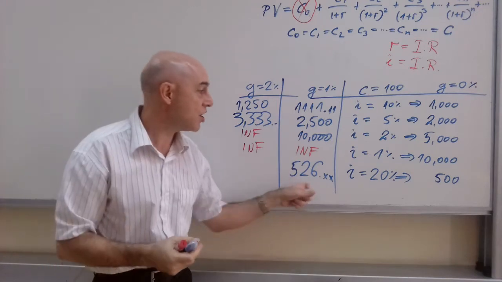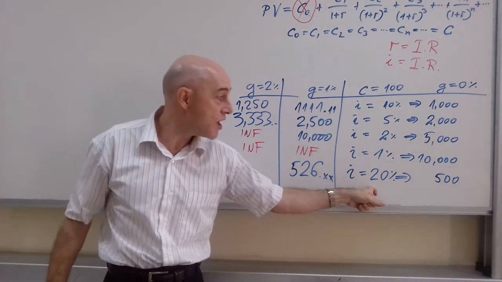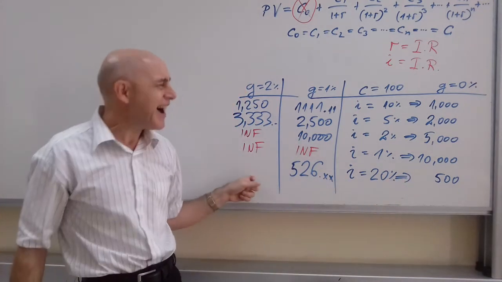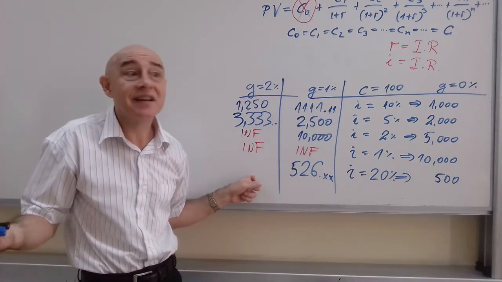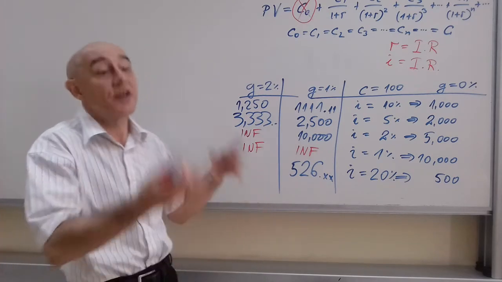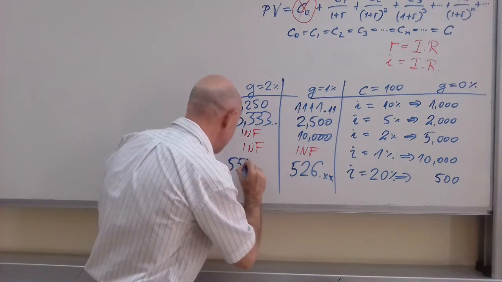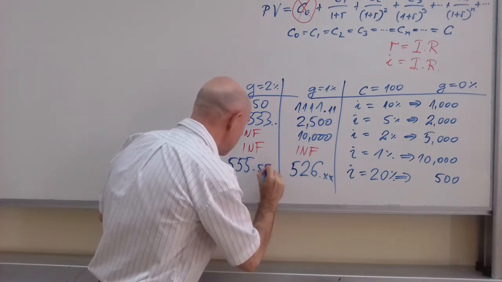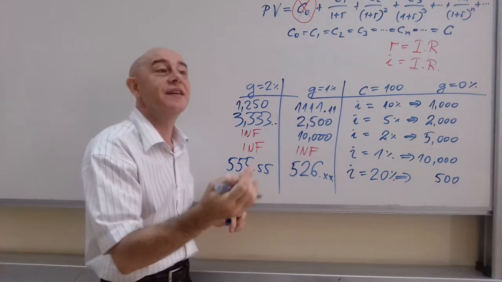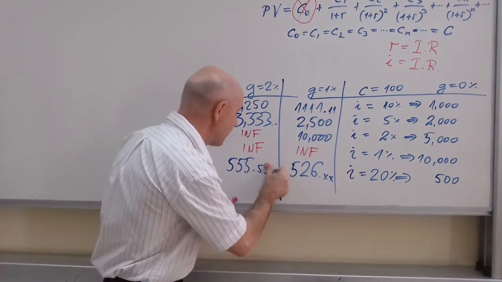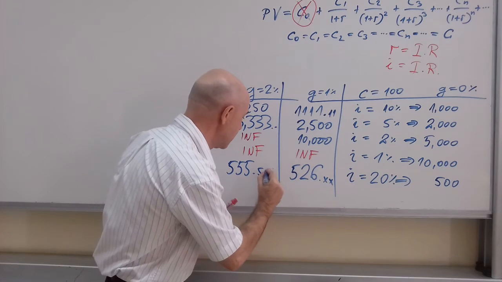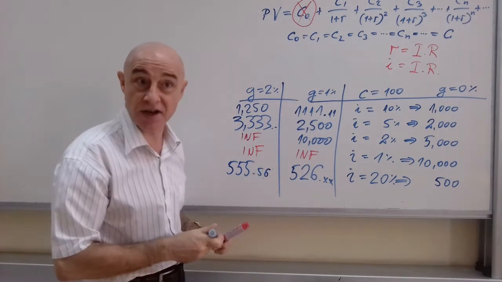And over here, 20 minus 2, 18, is going to be 555.55. If we have to round up, we round up to 556.